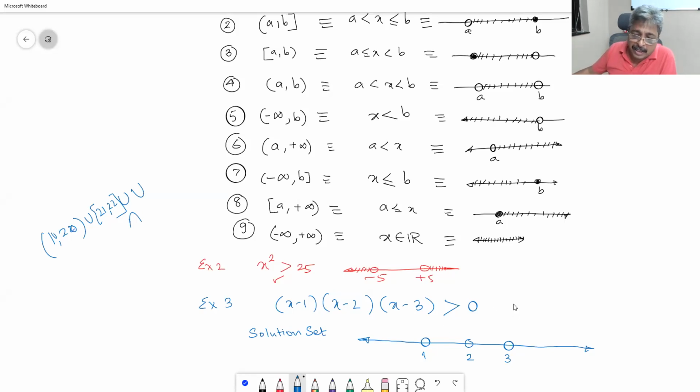We call these critical points. That means they are important points. 1, 2 and 3 are important points. And the method for solving this problem is scanning from left to right.